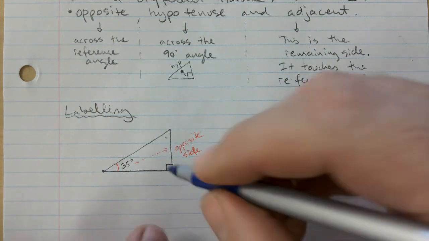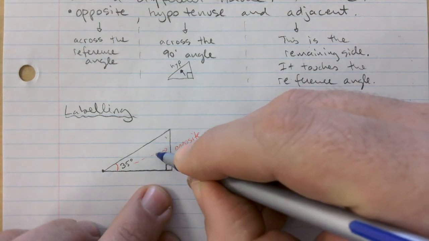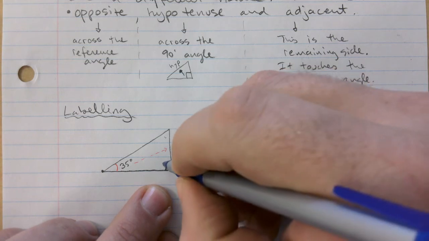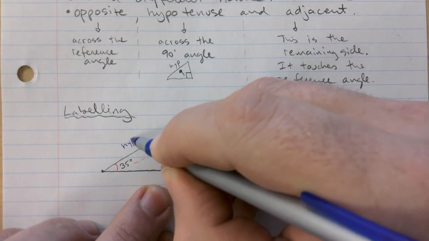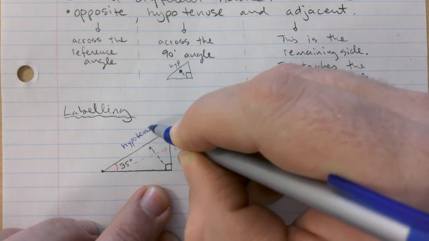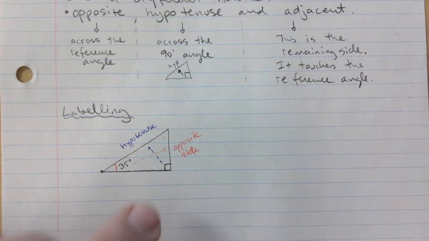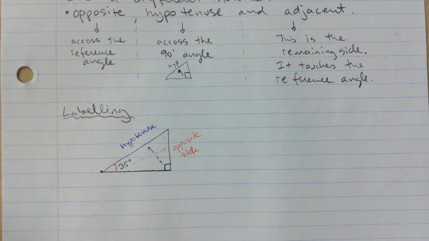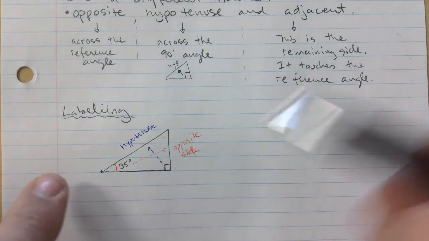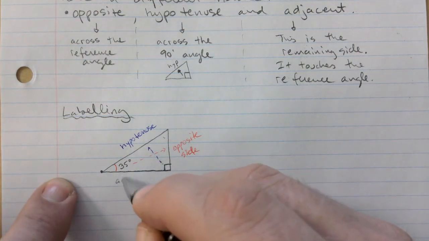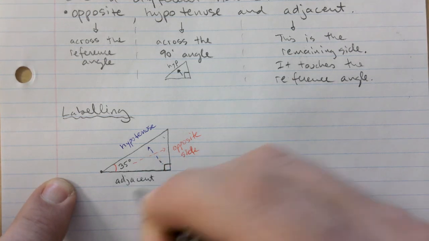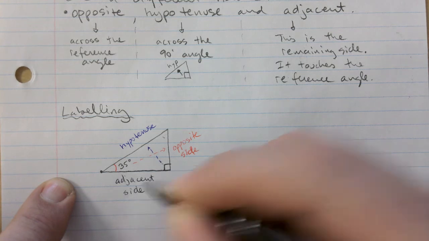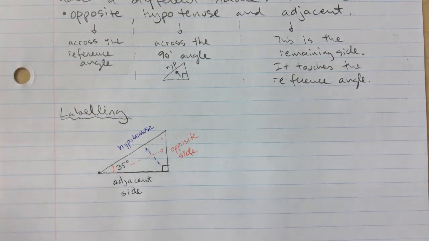Then you take your 90-degree angle and move out across from that. This is the hypotenuse, same as before. The one that's left, once you have figured these two out, has to be the adjacent side. These three sides are always there, always.